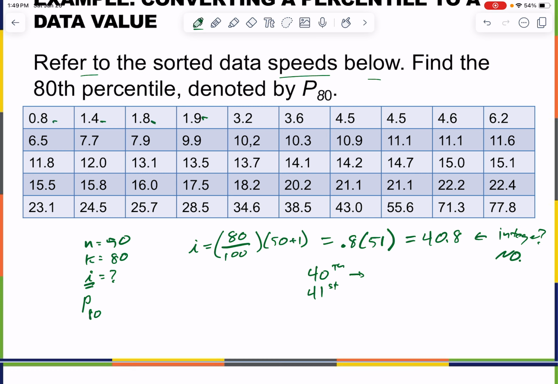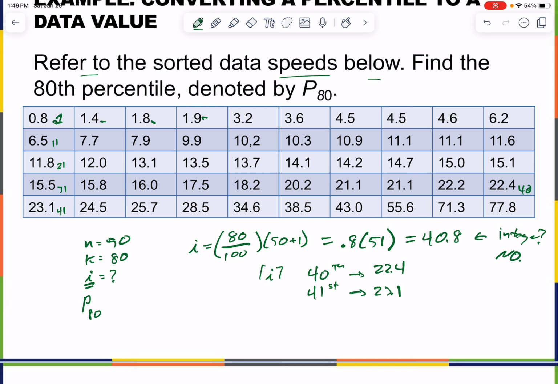Okay, right? So this is the first, this is the 11th, 21st, 31st, 41st. So the 41st one is 23.1. And then this one here is the 40th, so 22.4. All right, and so what I'm going to do is average that. So what does that mean? That means that this is my I. This is I rounded up.